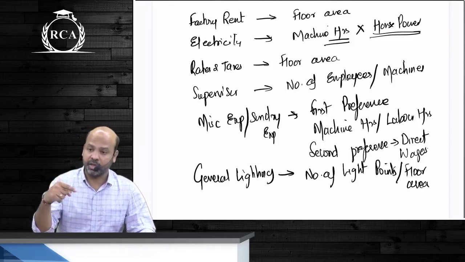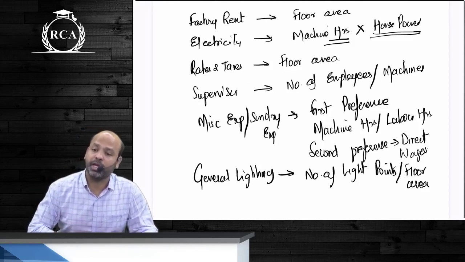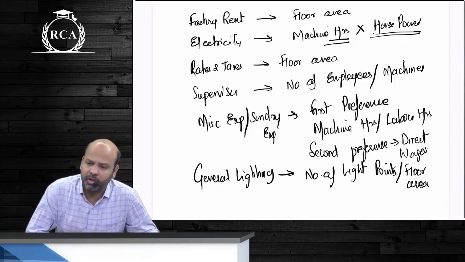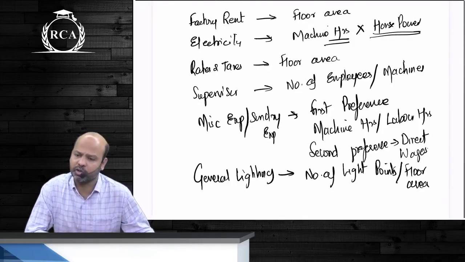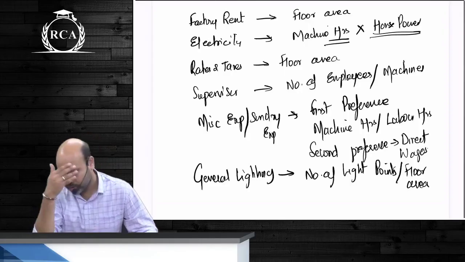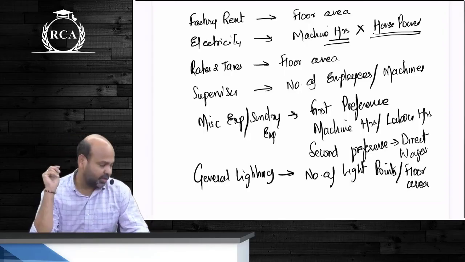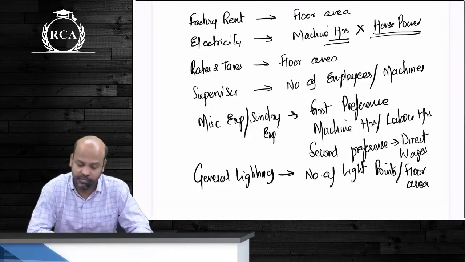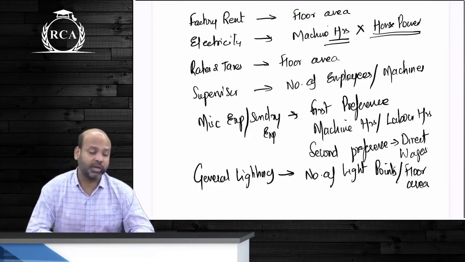Rates and taxes are nothing but levied on the total amount of area occupied by the factory. Higher the area, higher will be the amount of rates and taxes. If there is some other basis, they will specify. These are just a few random examples, beta, but otherwise the allocation basis is given in the question itself.